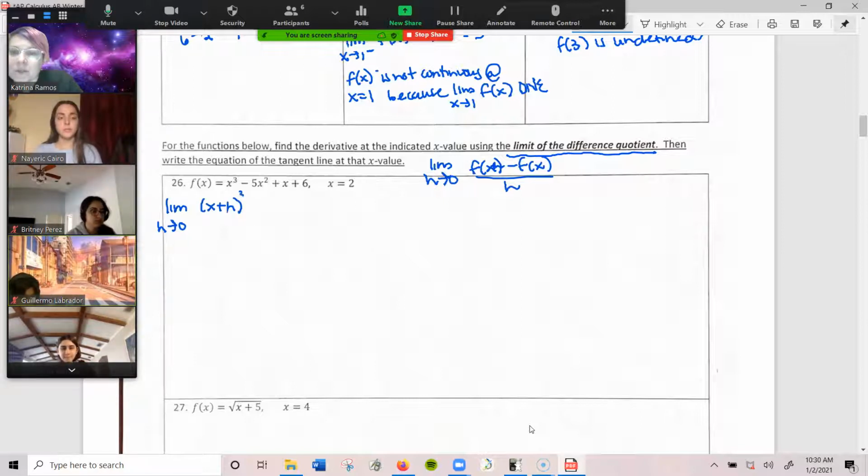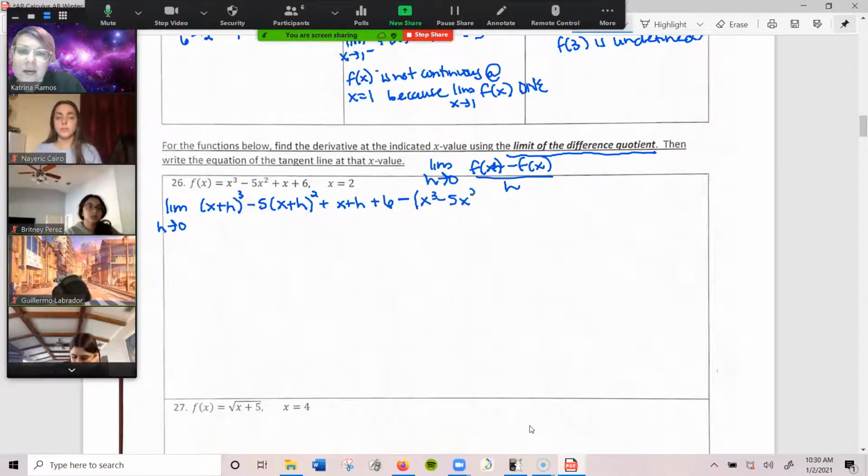So x plus h to the third minus 5 times x plus h squared plus x plus h plus 6. So this is just f of x plus h minus all of f of x. Whenever you have minus f of x, make sure you open parentheses and write out your f of x, so that you don't forget to distribute that negative.